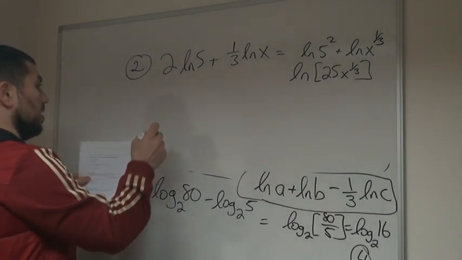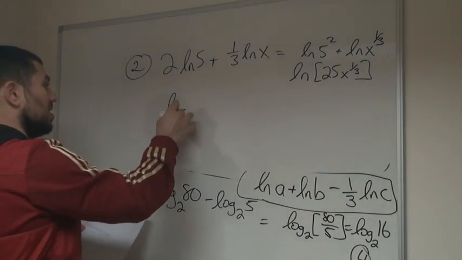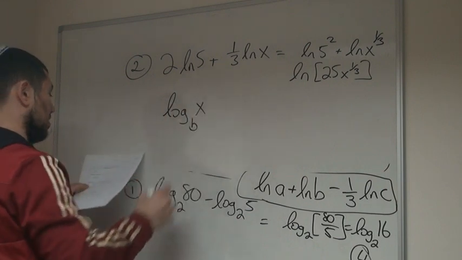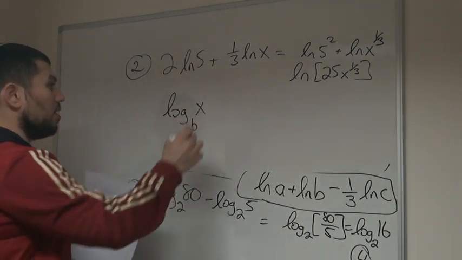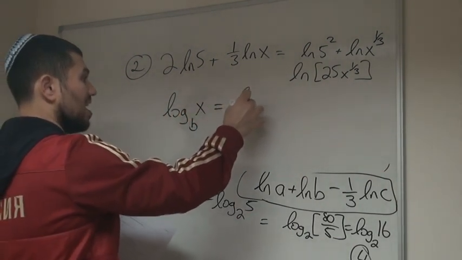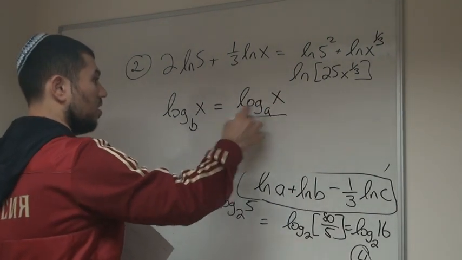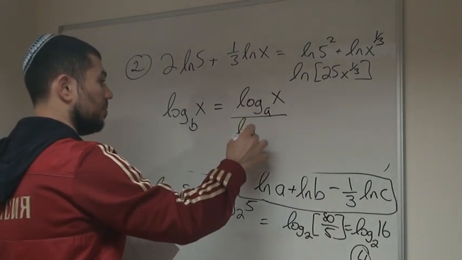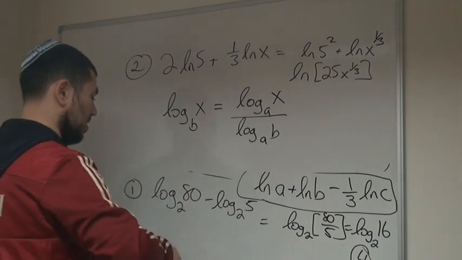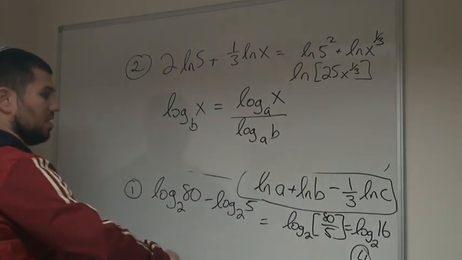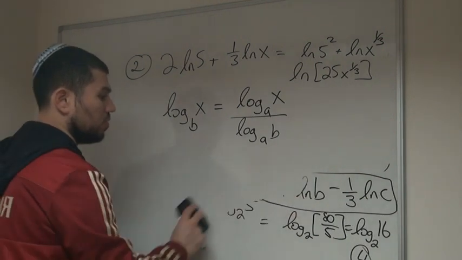So the formula will say log to the base b of x can be rewritten as log to the base a of x over log to the base a of b. What does this mean and why is it so useful?